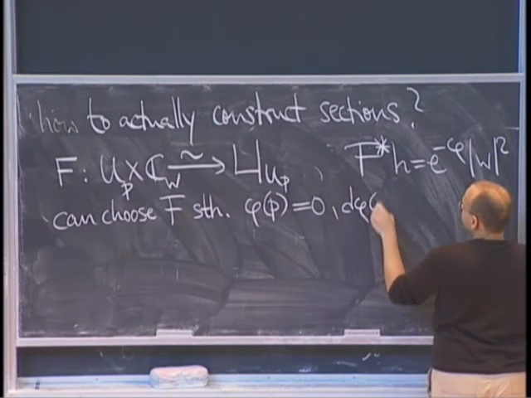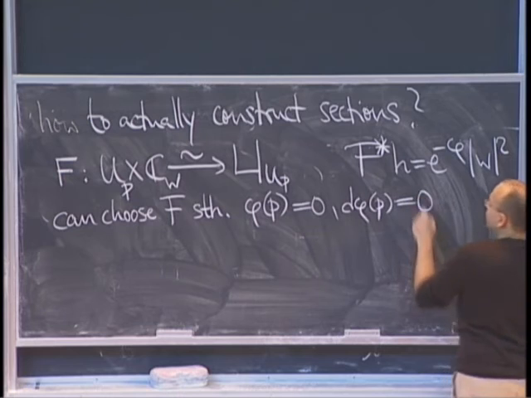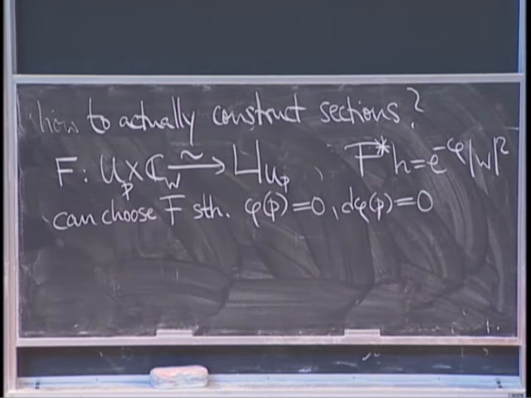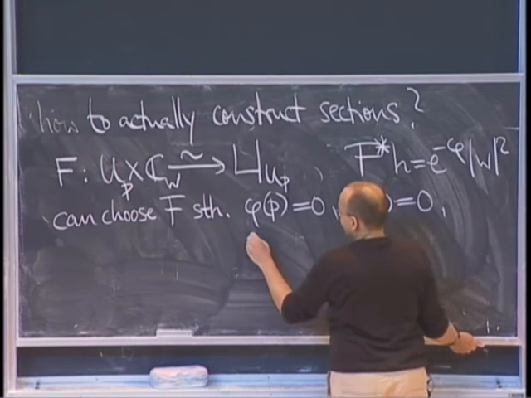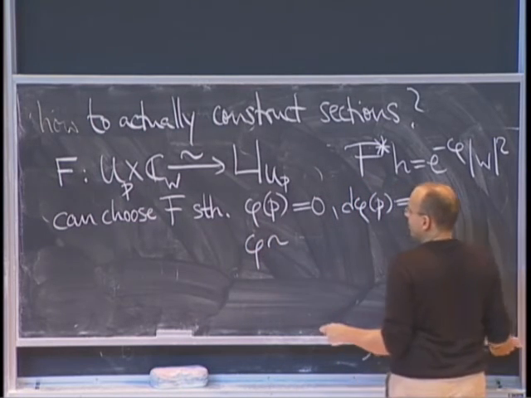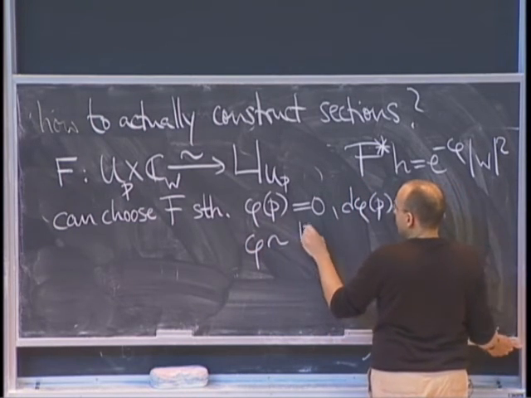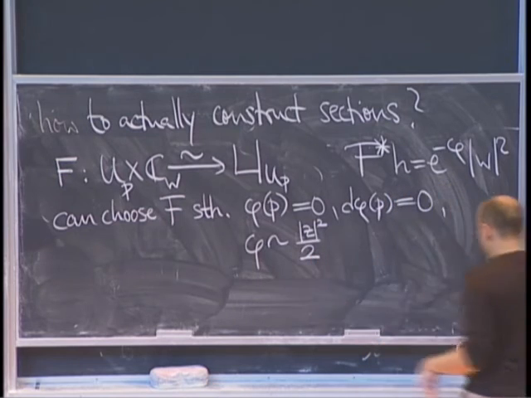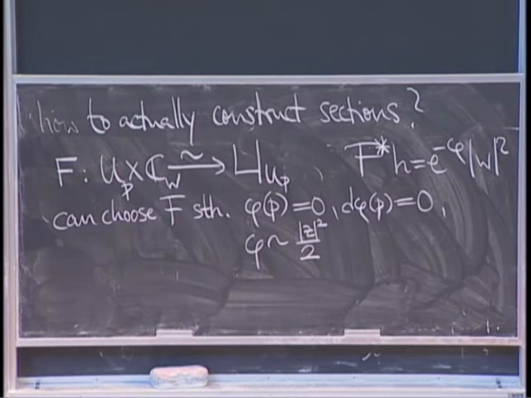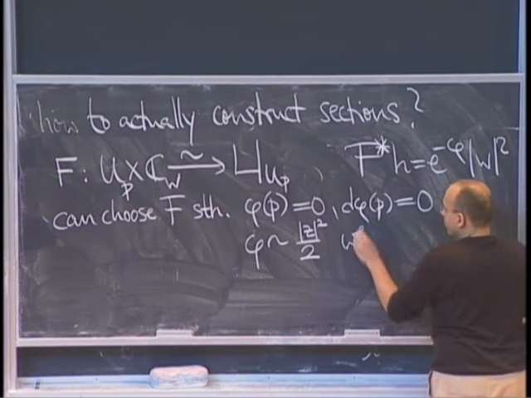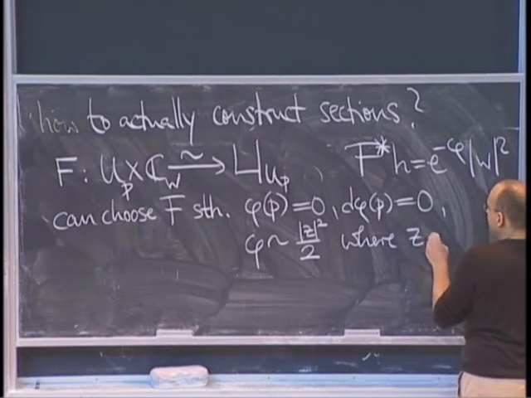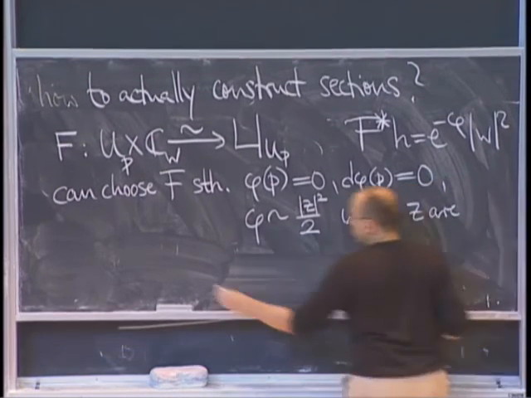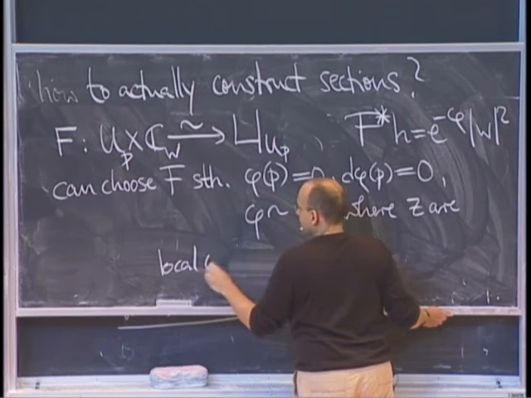So just at one fixed point, the differential of phi is 0. So I'm choosing like normal coordinates for my line bundle metric, and actually, phi is roughly equal to mod z squared over 2, where z are local coordinates on the base.